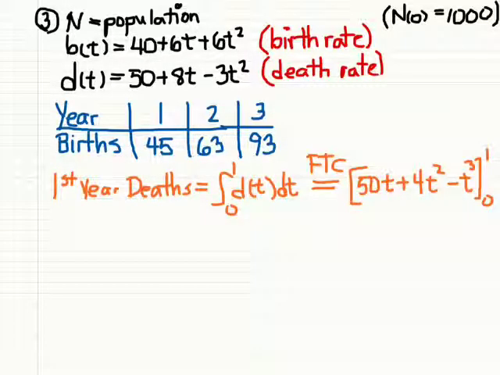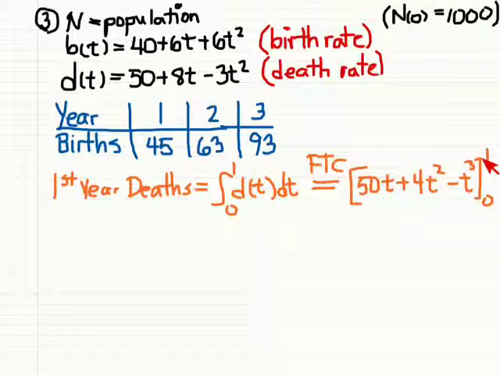Since we were told the death rate, we can find the number of deaths by doing an integral of the death rate times the time. So the death rate d of t, times dt, gives a number per small interval, and we're going to integrate from 0 to 1 because that's our first year. The fundamental theorem of calculus says let's take our original function and find an antiderivative, 50t plus 4t squared minus t cubed.